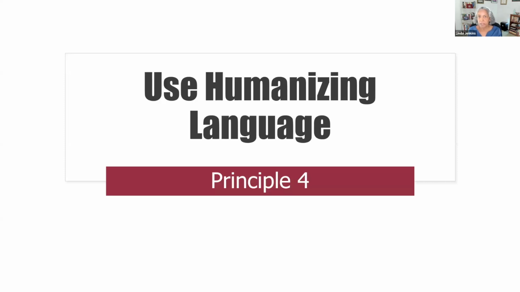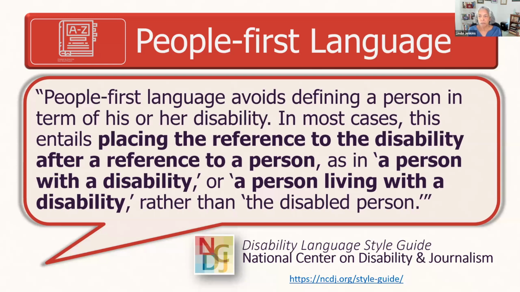The next principle is using humanizing language. The most prominent aspect of humanizing language is using first person, people-first language, which always gives a sense of humanism to a person by identifying them first as a human being.